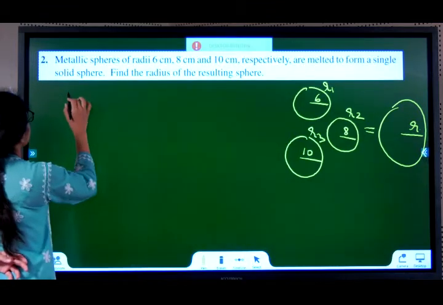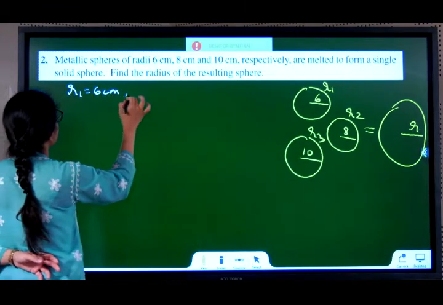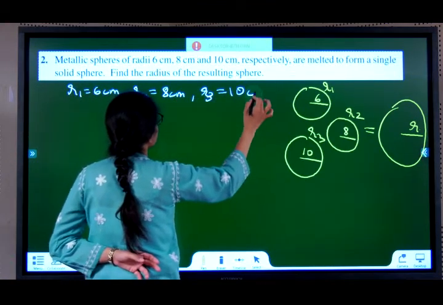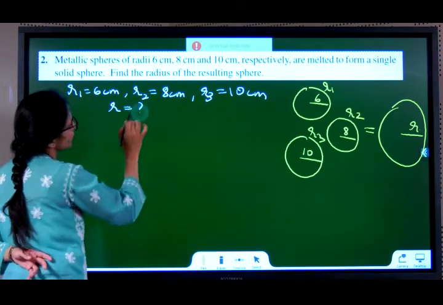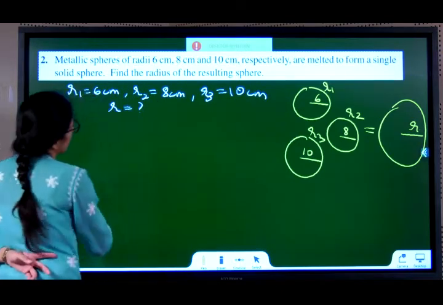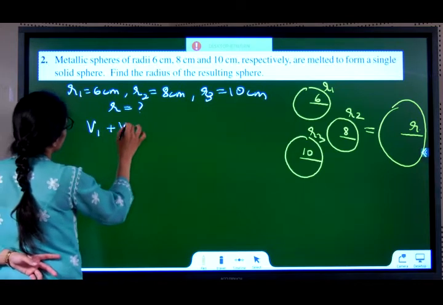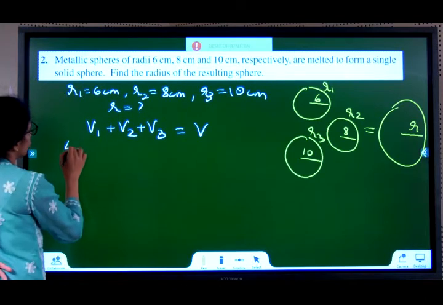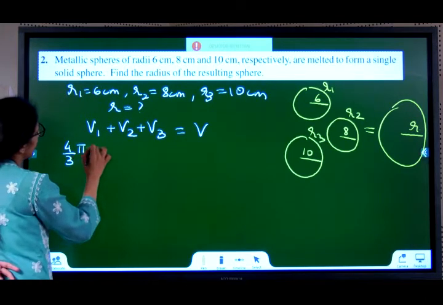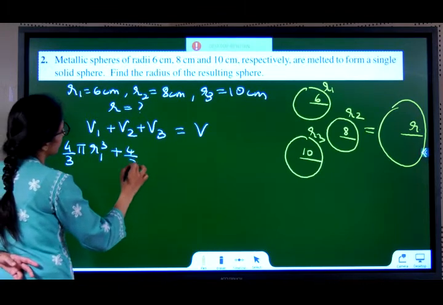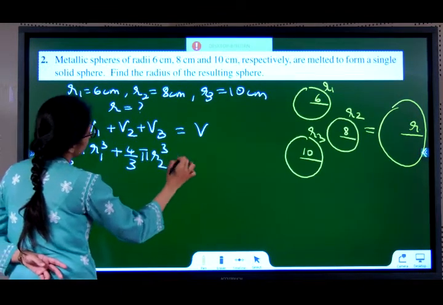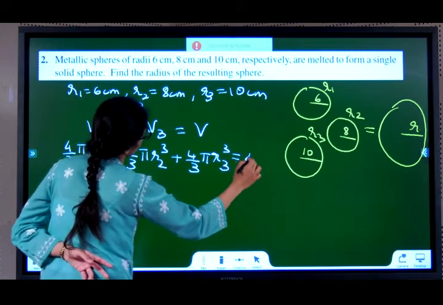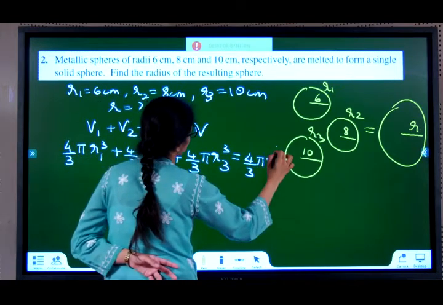So therefore we can say let R1 be 6 centimeters, R2 be 8 centimeters, R3 be 10 centimeters, and let R be the radius of the resulting sphere. So V1 plus V2 plus V3 is equal to V. 4 by 3 pi R1 cube plus 4 by 3 pi R2 cube plus 4 by 3 pi R3 cube is equal to 4 by 3 pi R cube.